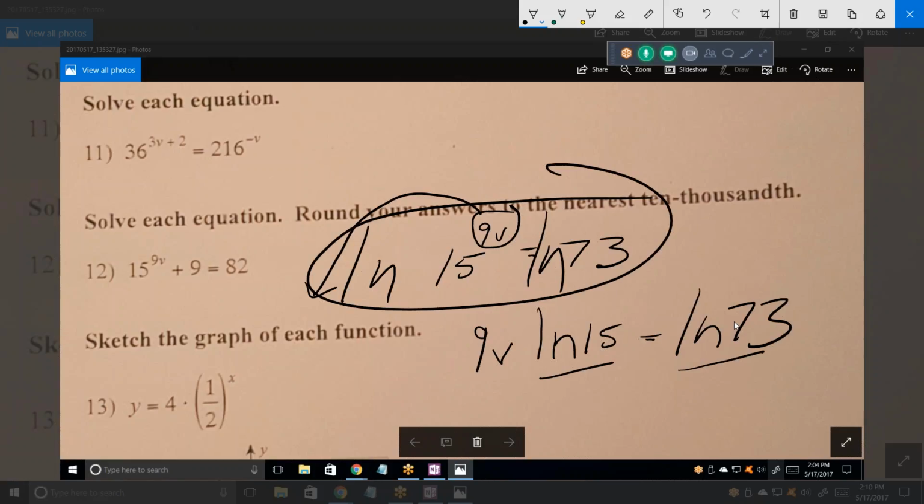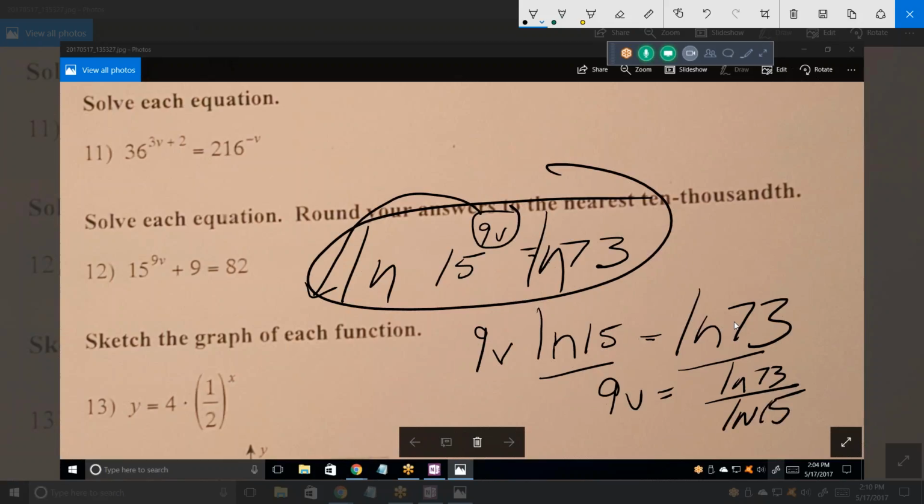So what's v going to be equal to? V is going to equal natural log of 73 minus natural log 15. Well, hold on. Let's do it algebraically. At this point, we can do it algebraically. 9v is equal to the natural log of 73 divided by natural log of 15.